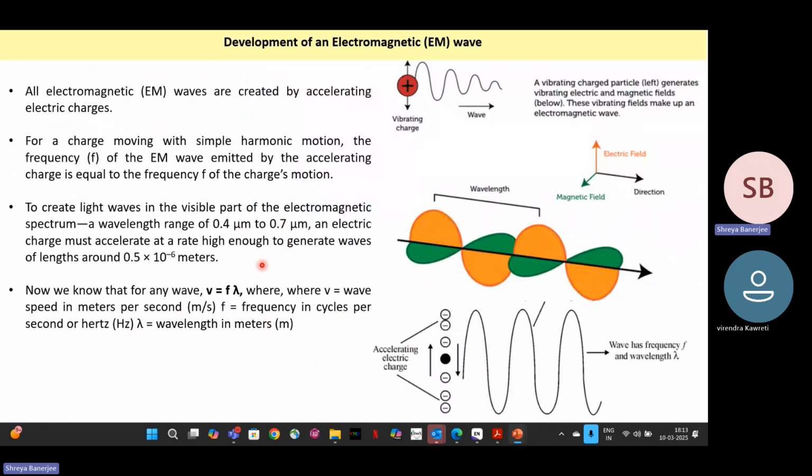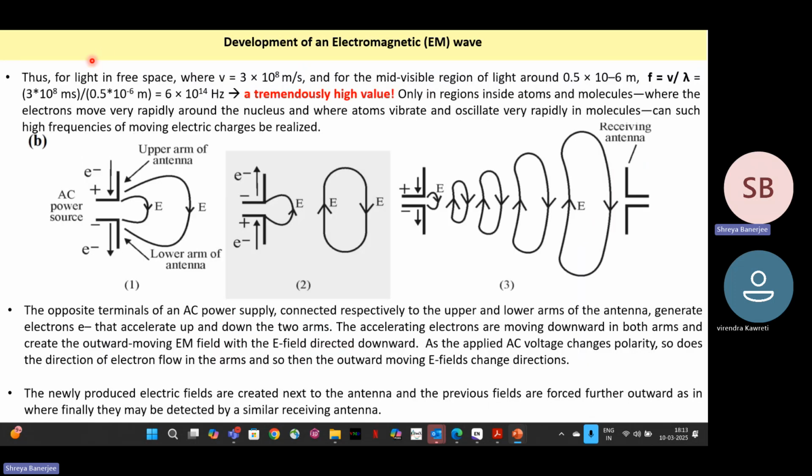To calculate the frequency at which the charge must vibrate in order to generate waves in the visible part of the spectrum, we will use the formula V = fλ, where V is the wave speed in meters per second, f is the frequency in hertz, and λ is the wavelength in meters. For all light in vacuum, the speed of light we know is 3 × 10^8 meters per second.